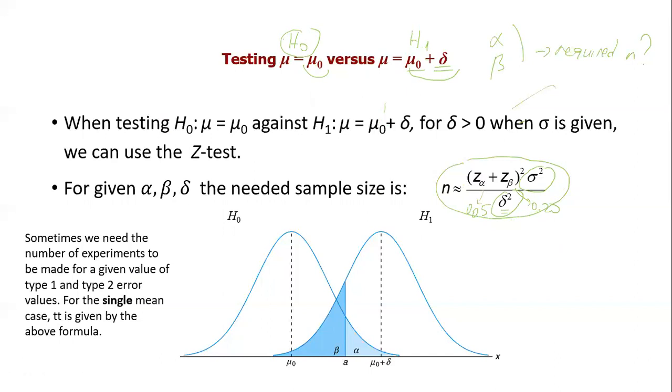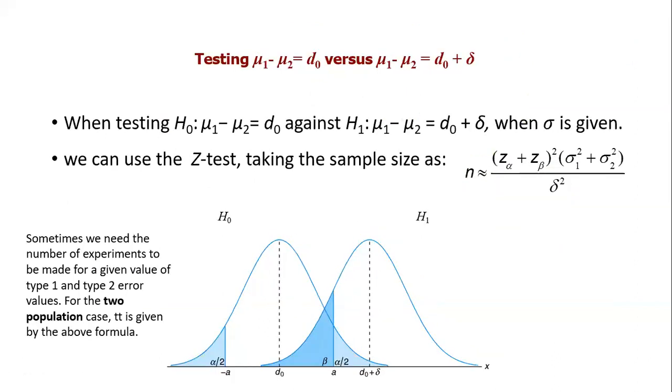So this is the needed sample size for a single-sided test. And similarly, this is the sample size for a double-sided test, for a two-sided test. Okay, again, so the test is the difference between means is equal to d0 versus the difference between the means is equal to d0 plus some delta. Okay, so that's all for the type 1, type 2 errors and the power of the test.